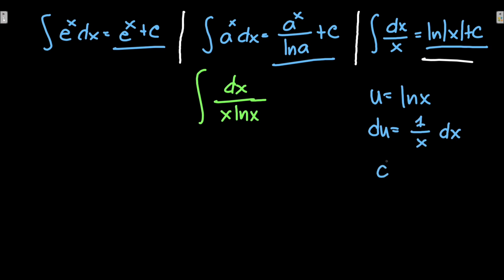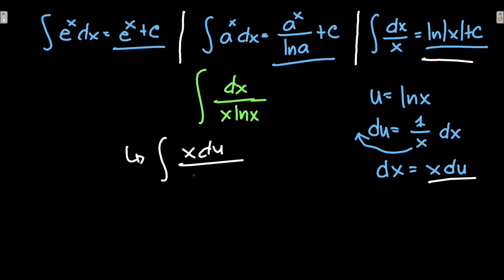Taking dx alone, this would be equal to x multiplied by du. And so the integral of dx over x multiplied by ln of x is x du over x multiplied by u.